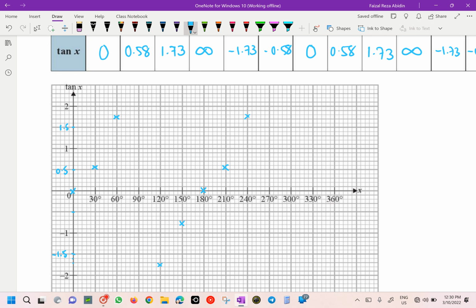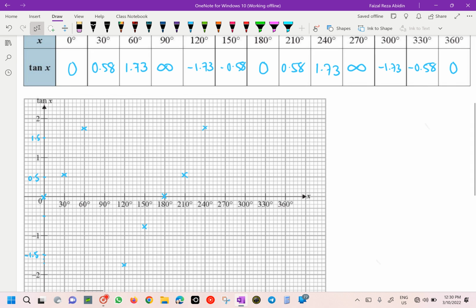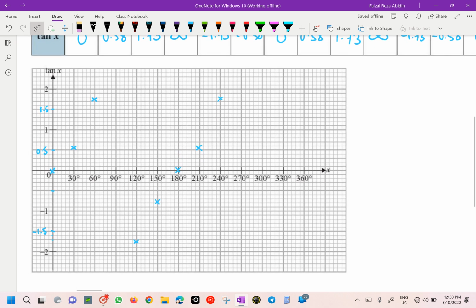And 270, once again, we are going to have undefined. Okay, 270 undefined means that it is going to be infinity. Then we are going to start back from below the graph over here, which is 300 degrees. We are going to get negative 1.7 and then negative 0.58 at 330 degrees here, and you are going to get 360 there.